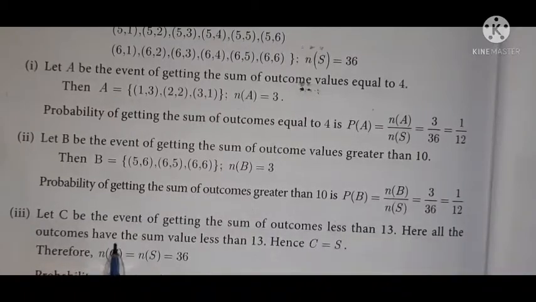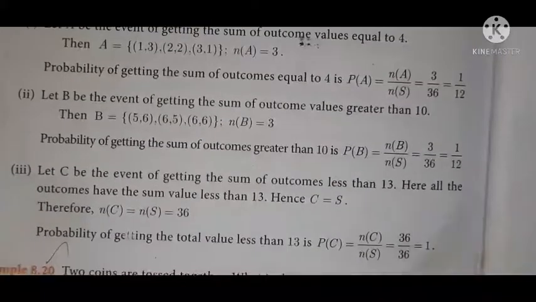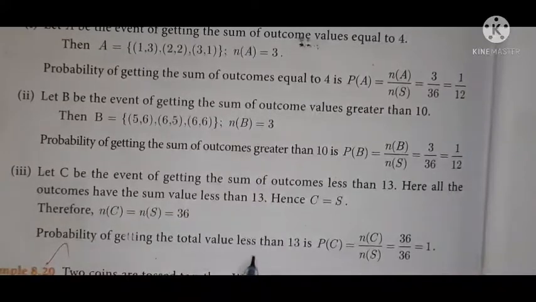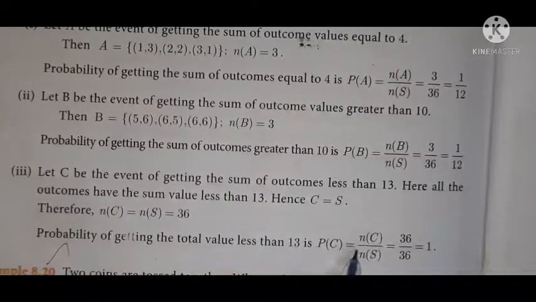Here, all the outcomes have the sum value less than 13. Hence, C is equal to S. Therefore, n of C is equal to n of S is equal to 36. Probability of getting the total value less than 13 is P of C is equal to n of C by n of S, 36 by 36, 1. That is a sure event.